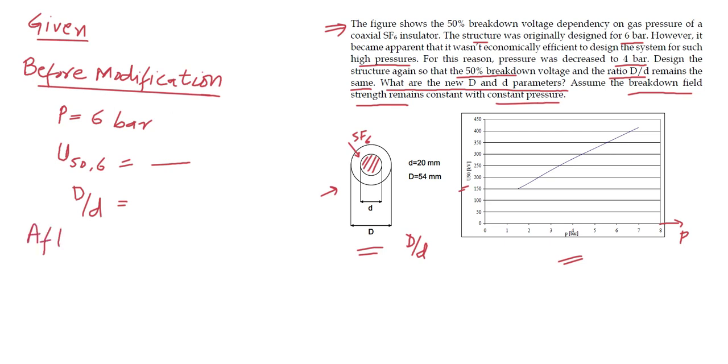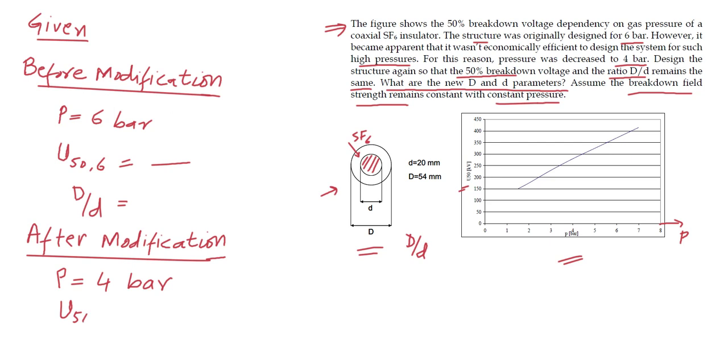After modification, our operating pressure will be 4 bar, and our 50% breakdown voltage at 4 bar must be equal to the breakdown voltage before we did the modification.